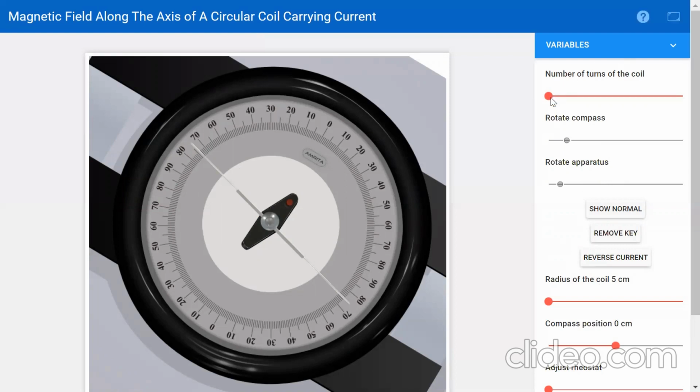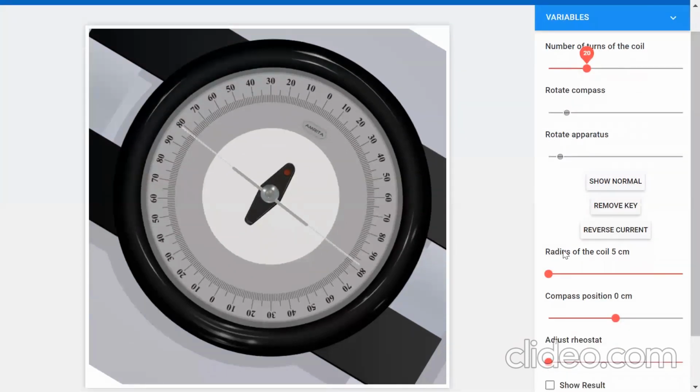We can also set the number of turns of the coil from 10 to 45, and set it to any one of them, say 20 turns. We can also change the radius of the coil from 5 to 10 centimeters.